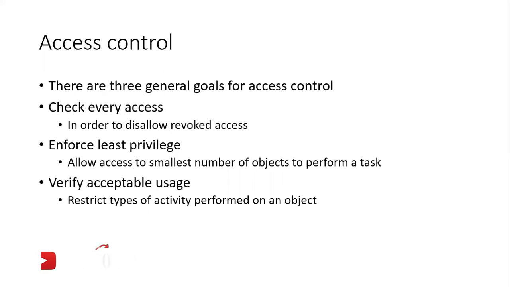Second is to enforce least privilege. Sometimes you want to give least privileges to some subject. Subject means the user. So allow access to the smallest number of objects to perform a task.